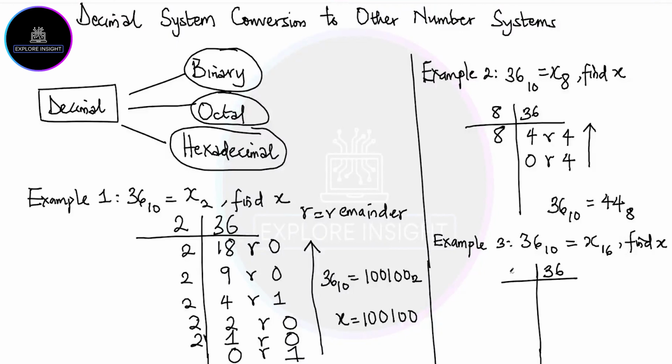Here we'll have 36 and here we'll have 16. So 16 into 36 will be 2. 16 times 2 is 32, 36 minus 32, a remainder of 4. 16 into 2 will be impossible, so we have 0 with the remainder of 2.